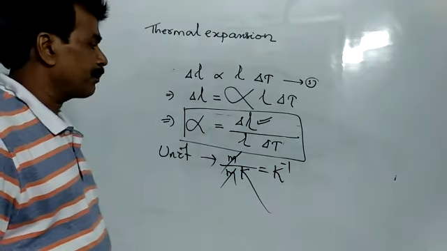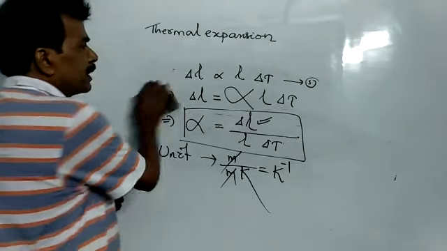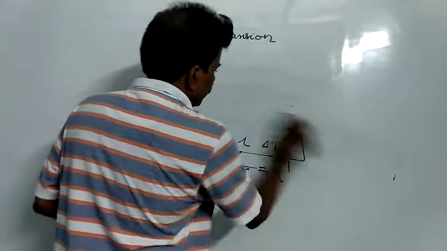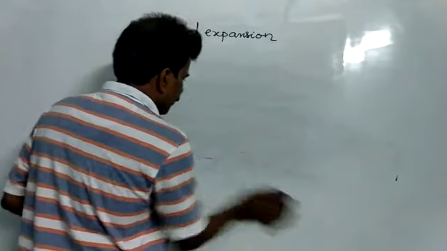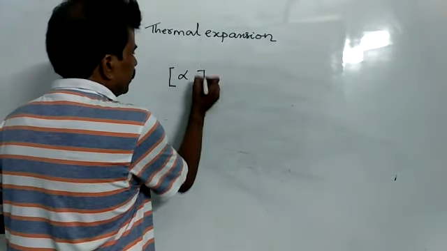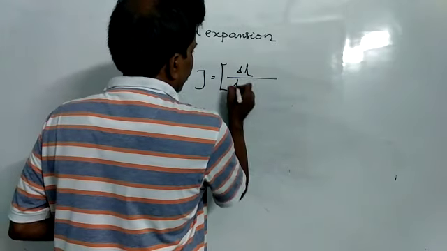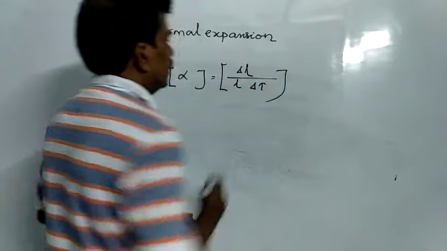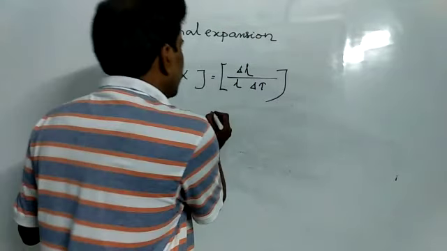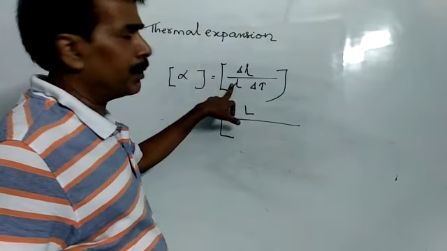Kelvin inverse. Again you can get another question, that is the dimension of alpha. Next, dimension of alpha. We'll find that this is delta L by L delta T. So what is the dimensional formula of this change in length? That is length, L. And what is the dimensional formula of L?